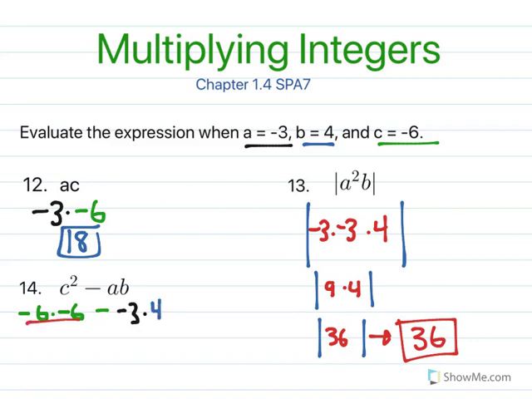So negative 6 times negative 6 is 36 minus negative 3 times 4, which is negative 12. And if you remember from our lesson on subtracting integers, I'm going to do leave, change, opposite. So 36, and then change this to addition, and the opposite of negative 12 is positive 12. So 36 plus 12 is 48.